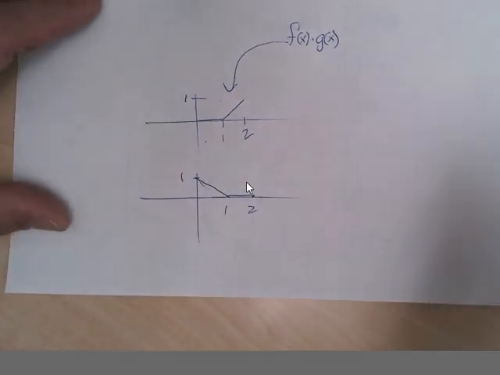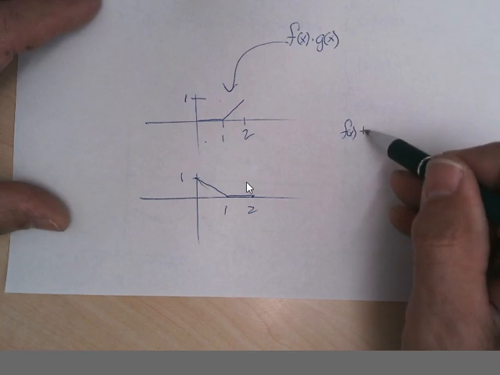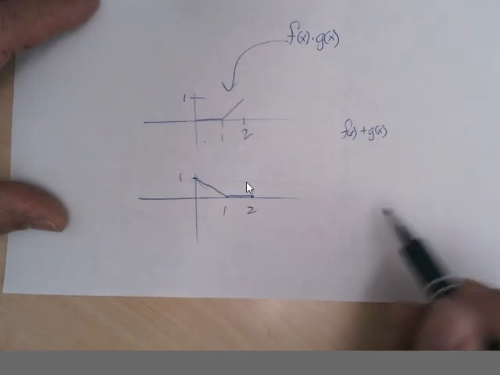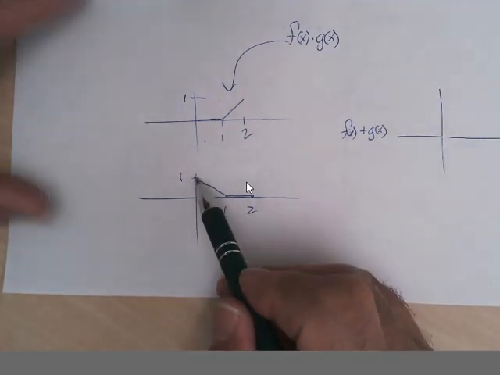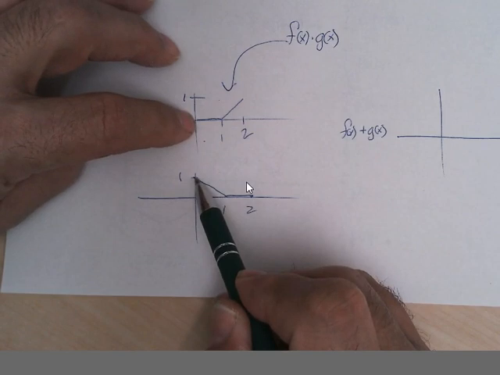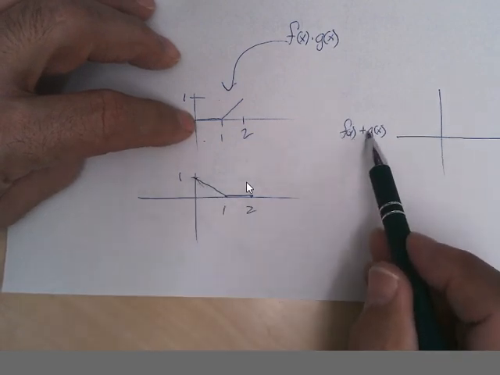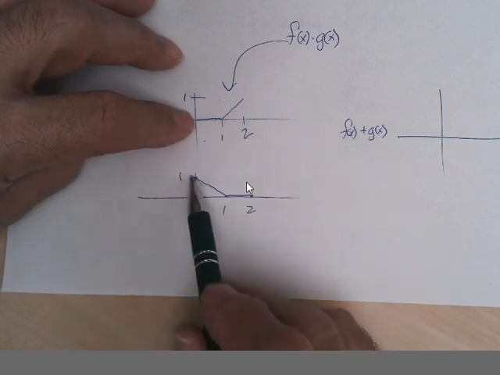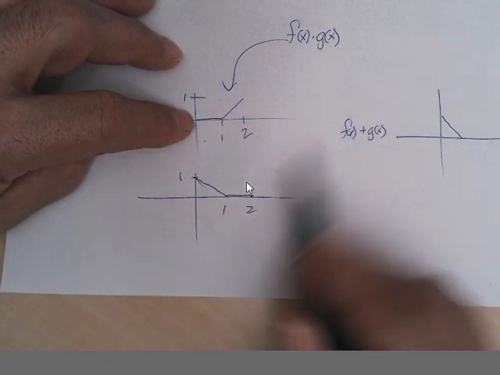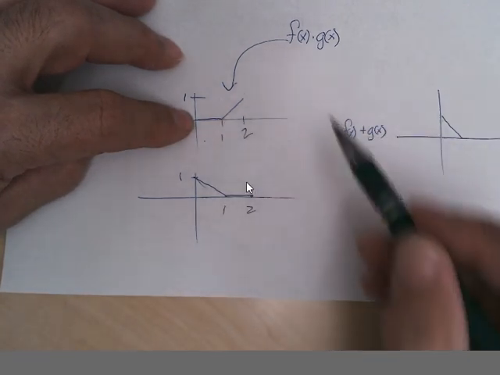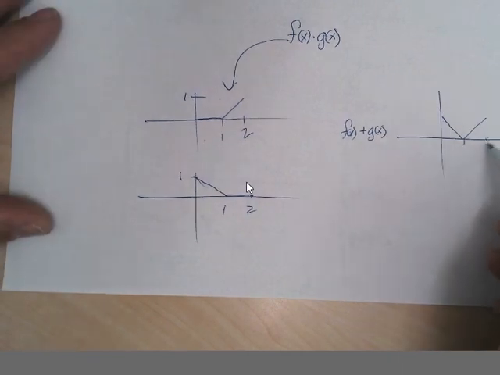Okay, so what does f of x plus g of x look like? I'm going to do this one first, so you see what's going on. Well, the height here is 1, the height here is 0. So we add those two heights, because f and g are the heights. And then, so I'm adding 0 to this, which is going to be just that. And then I'm adding 0 to this, which is going to be just that. So that's what f plus g would look like.